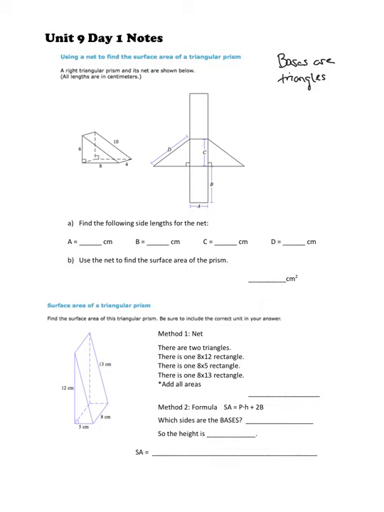The bases are triangles. I don't care how we have it laying down on a table or standing on a table. The bases are triangles. How do you find the area of a triangle? 1/2 small b times h. Small b is the length of the base of your triangle.